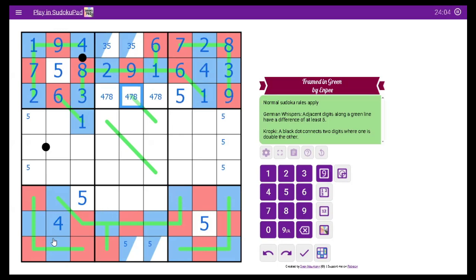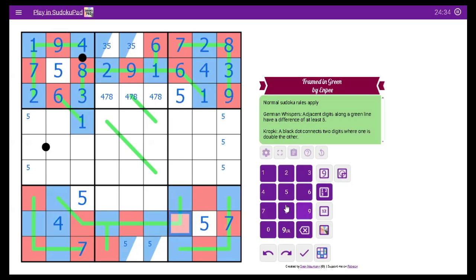Now let's carry this down. The 7 is in one of 2 positions. This can't be a 6, so it actually is a 7 because it's not 8 or 9, which immediately tells us this is a 7.